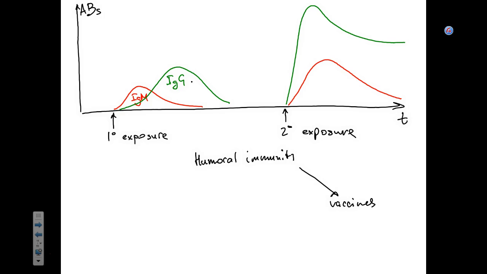Vaccines: artificial. What would be the opposite of vaccines? What would be a natural way to get exposed to the antigen? Yeah, infection, right? Actual infection. So this is natural.